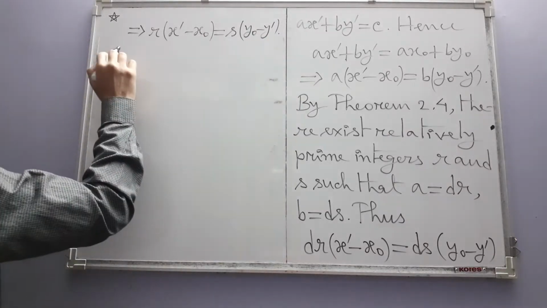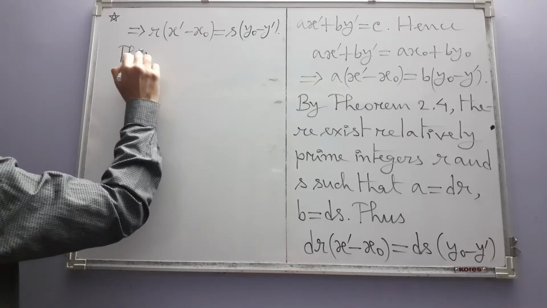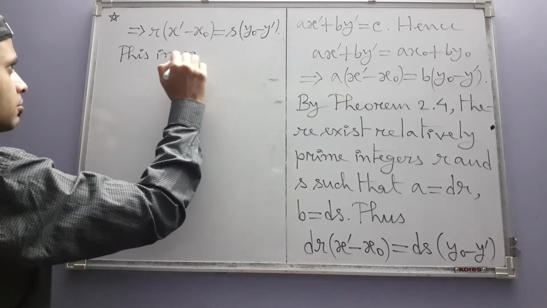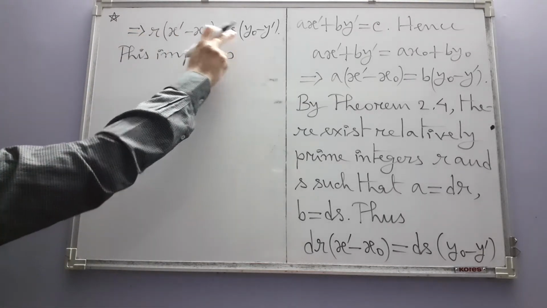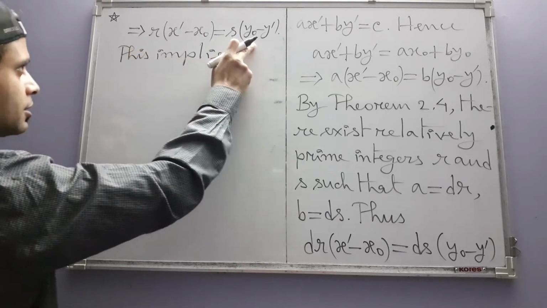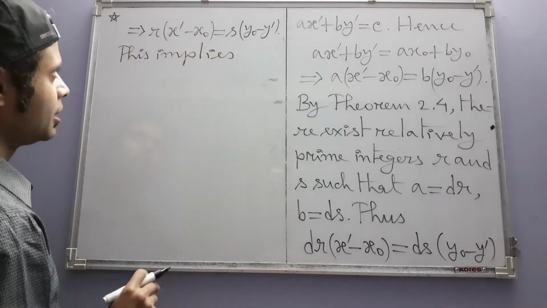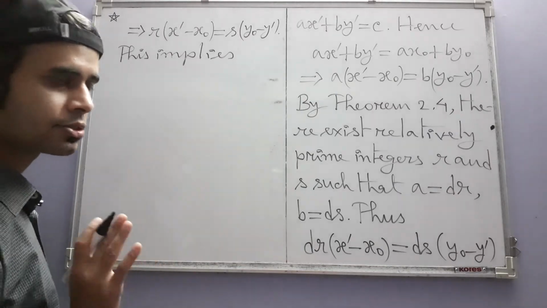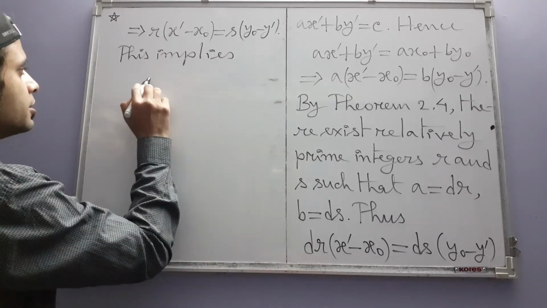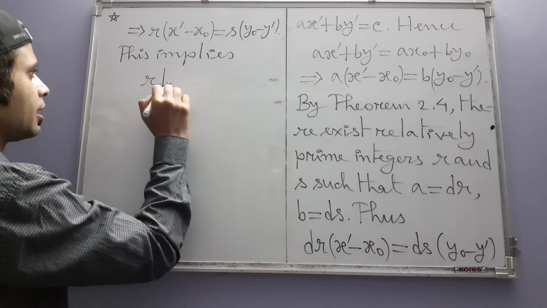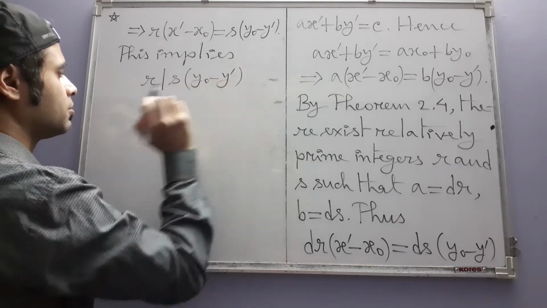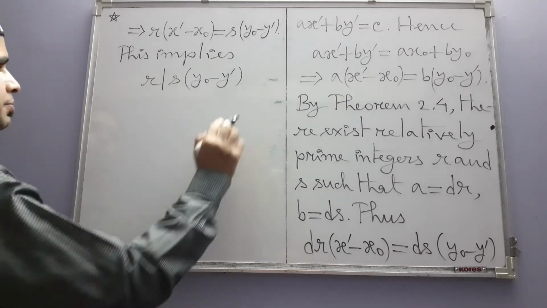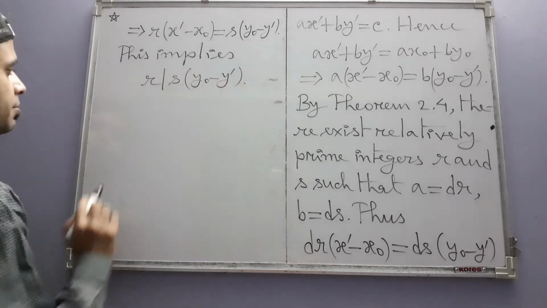And this implies what? This implies that the right hand side is divisible by r because the right hand side is an integer multiple of r. X prime minus x naught is an integer. So this implies that r divides s times (y naught minus y prime).